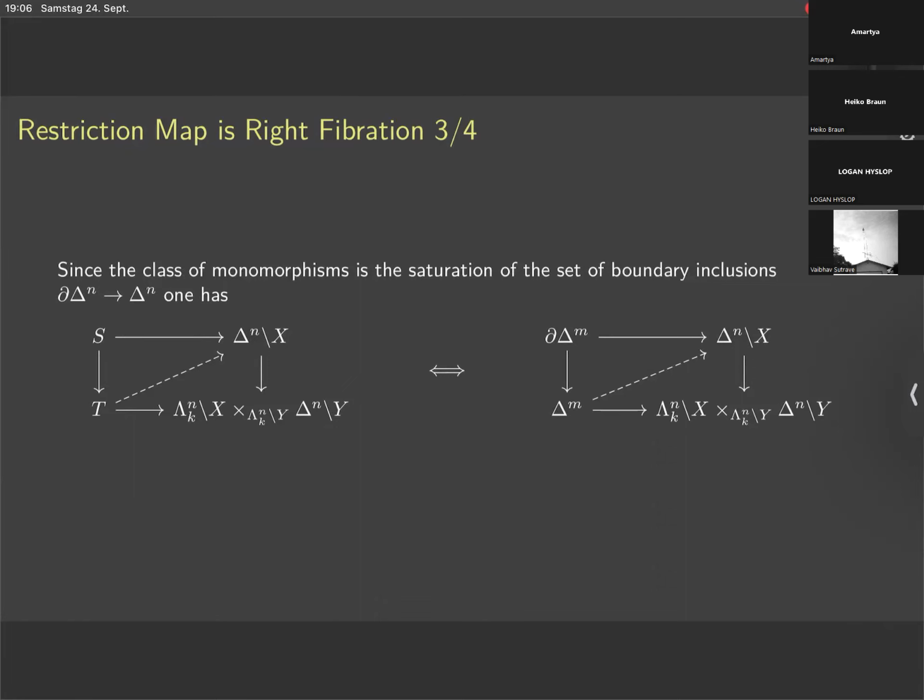And now we need to get rid of the general monomorphism and restrict our attention to only the inclusions of boundaries. But this is possible because the class of monomorphisms is generated by the set of boundary inclusions.